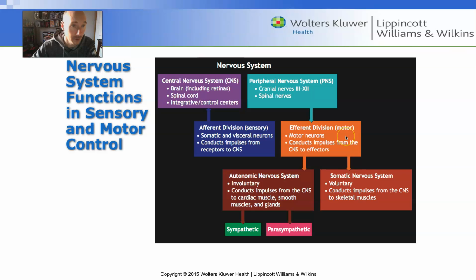So within the efferent division, we have some things that are very important for exercise. That's going to then take us to our next division. We have our autonomic, somatic, okay? Now the key difference with these two, autonomic, think of that as automatic.